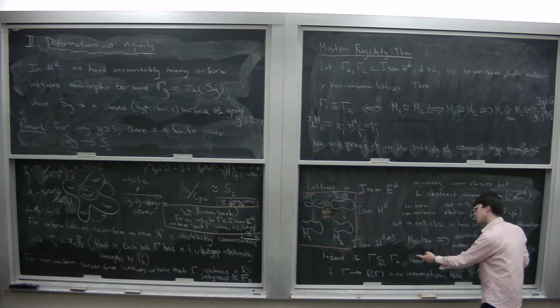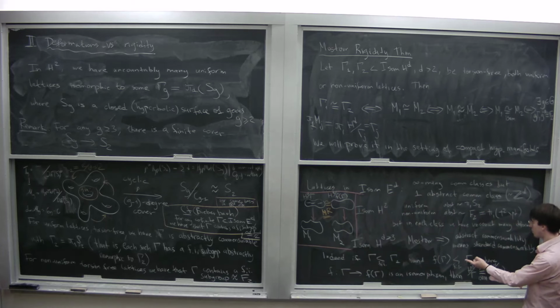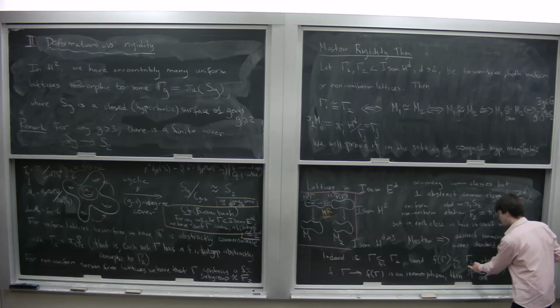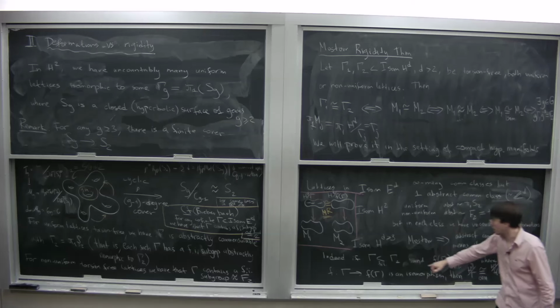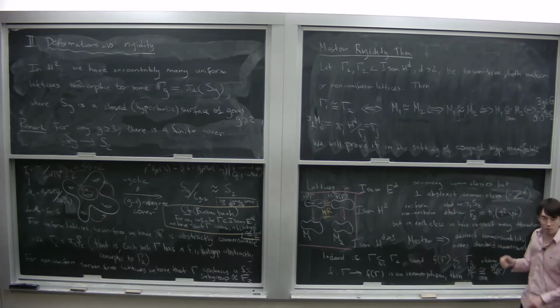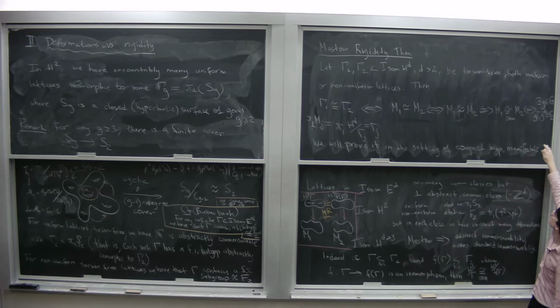So I actually have some conjugation by an element g such that g gamma 1 g inverse intersects with gamma 2 in a common finite index subgroup. You see? So basically it follows from this.